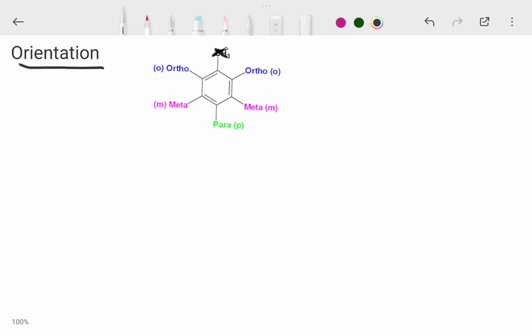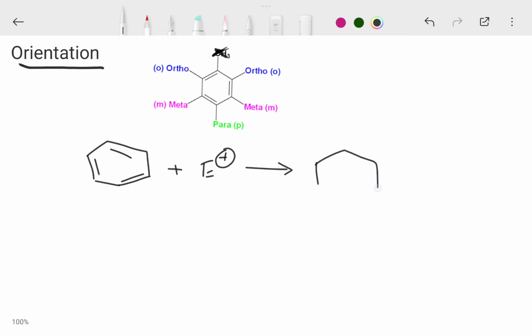Orientation of aromatic electrophilic substitution in benzene. In electrophilic substitutions, benzene forms only one mono-substituted product. For example, in the mono-substitution with electrophiles, benzene mainly forms mono-substituted benzene.